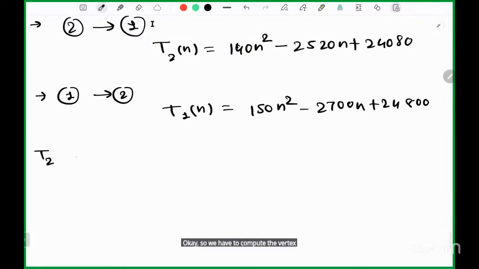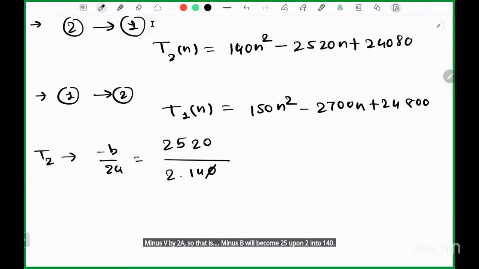So T2's vertex is minus b by 2a. That is minus b, which will become 2520 upon 2 into 140. Right? So we just have to cancel it out. Is it 9? Let's do the calculation.